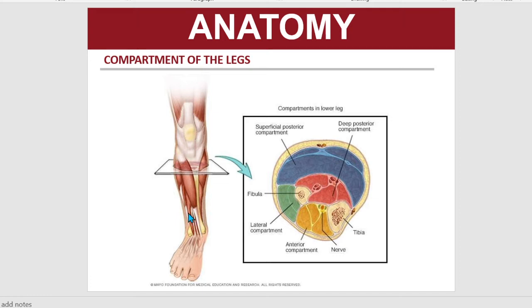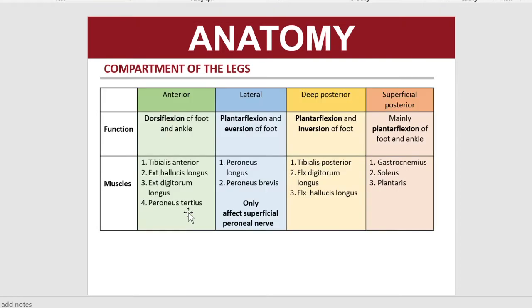So how many compartments of the leg are there? Basically we have four: the anterior, lateral, deep posterior, which is responsible for inversion, and the superficial posterior, which is responsible for plantar flexion.